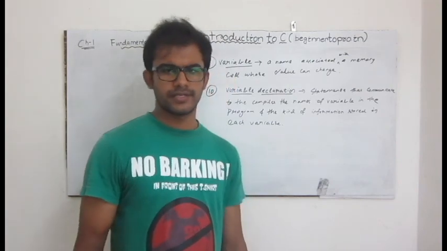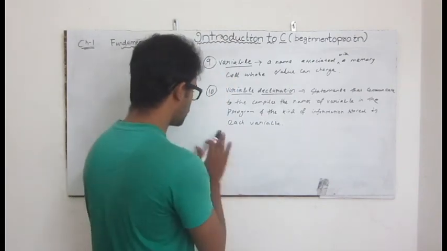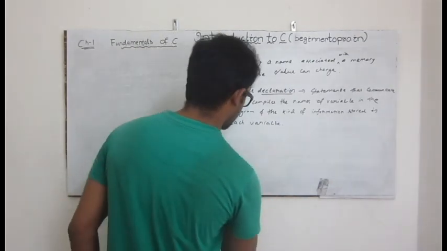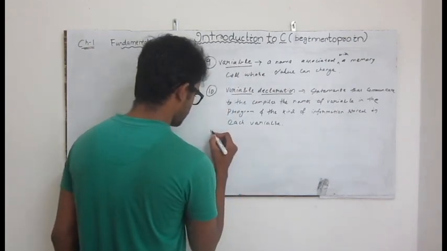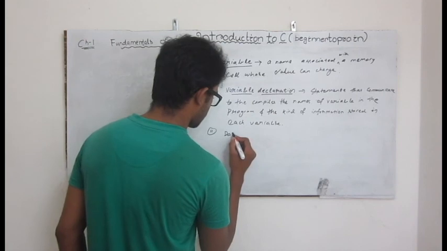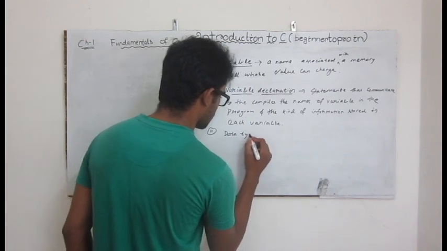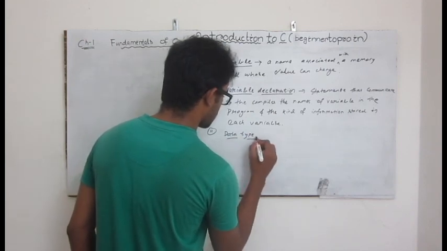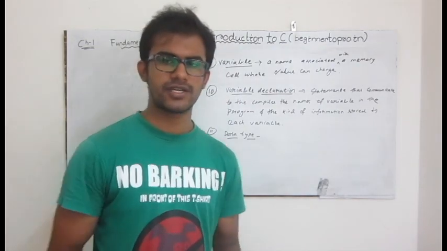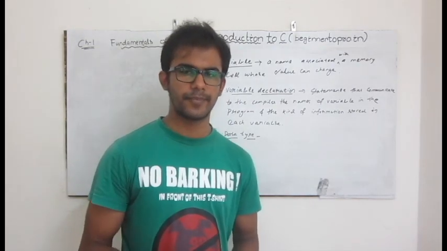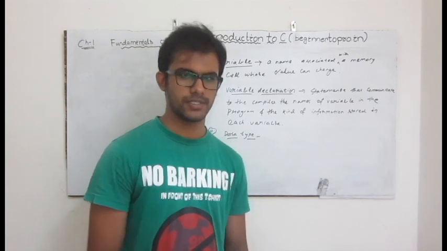So guys, the next point we are going to discuss is data type. What is data type? A set of values and operations that can be performed on those values.